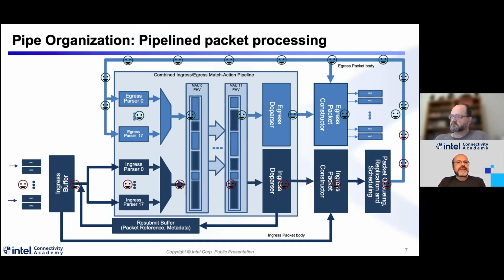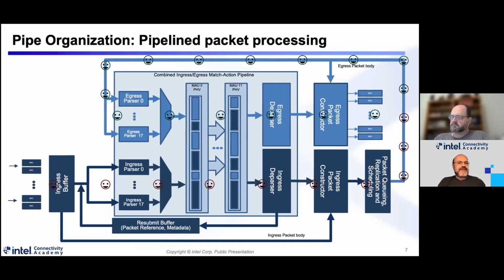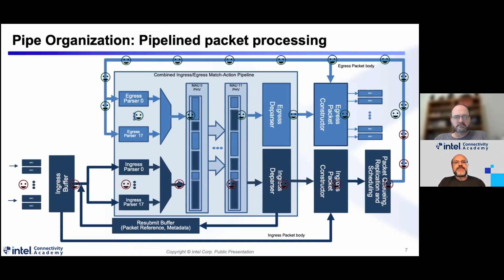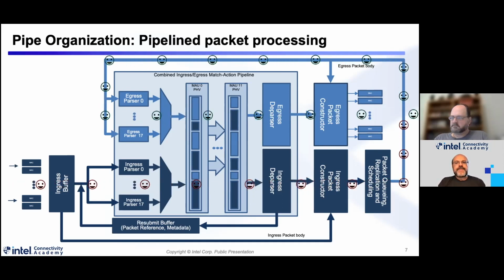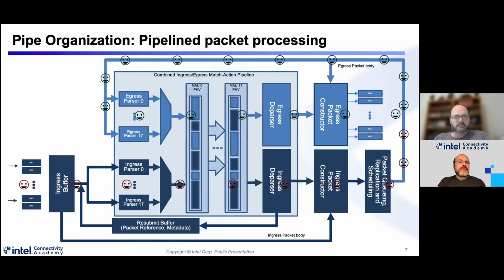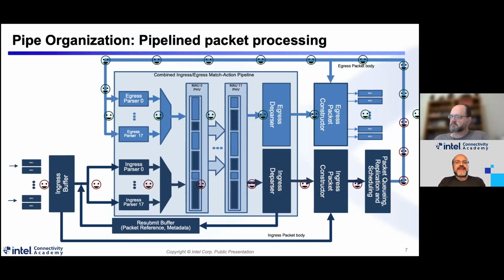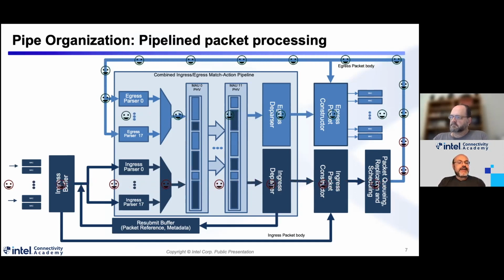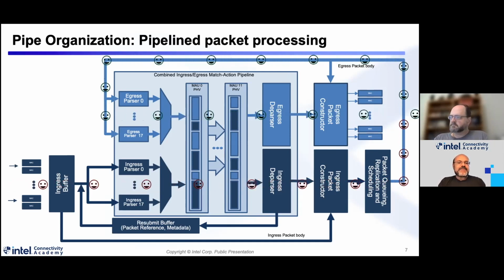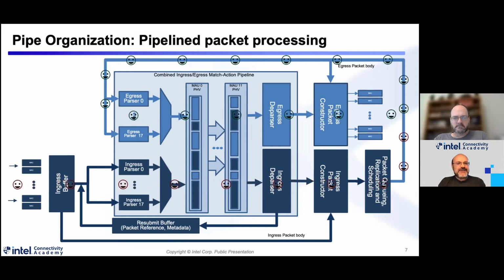So the more complex the program, the longer the pipeline, and therefore the more packets it can process in parallel. The simpler the program, the shorter this processing time will be. But overall, several hundred packets per clock, and then you multiply it by 4 pipes, and we're talking about probably about 2,000 packets that are processed inside Tofino at the same time.